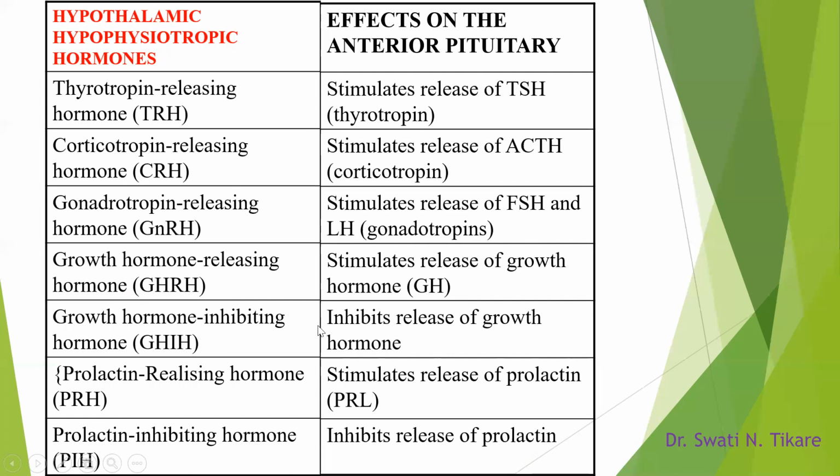The inhibitory hormone similarly inhibits the release of growth hormone. The prolactin releasing hormone stimulates release of prolactin, and prolactin inhibiting hormone inhibits the release of prolactin. So these are a list of hypothalamic releasing and inhibiting hormones and their actions on the anterior pituitary.